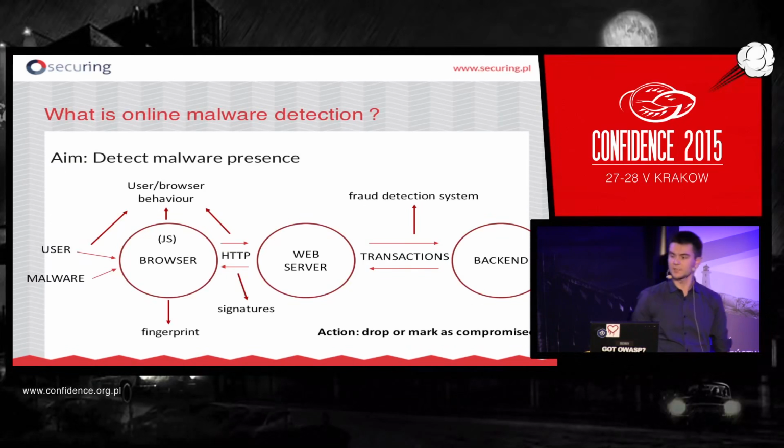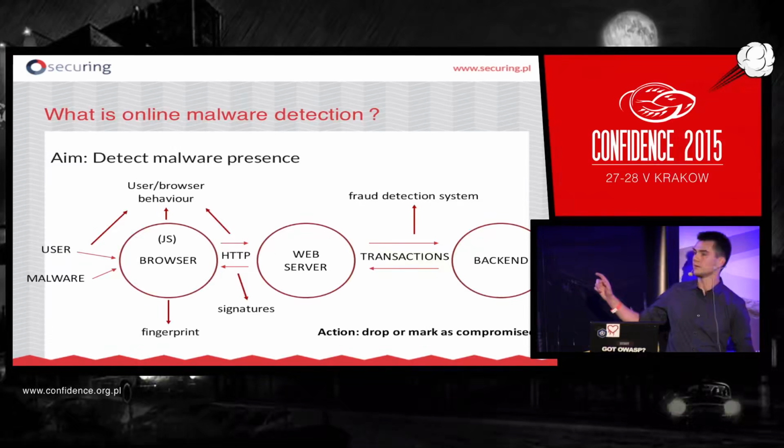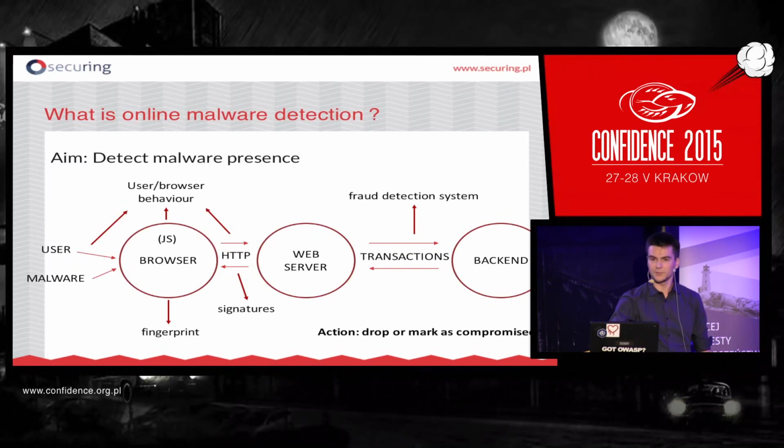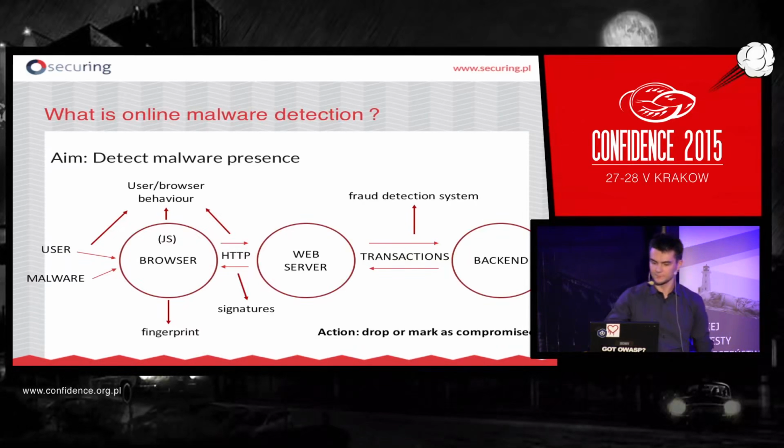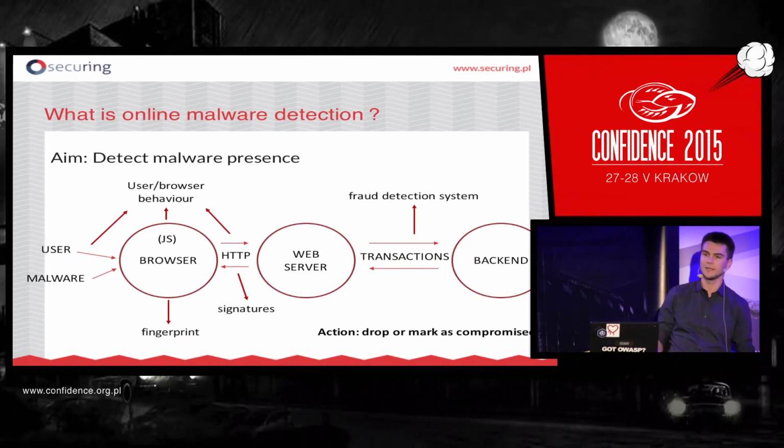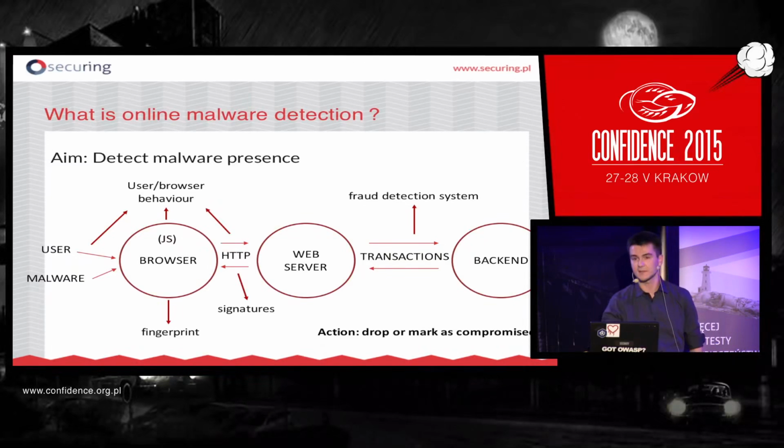The malware detection mechanism can catch signatures of the HTTP response from the server to the browser. It can fingerprint the JavaScript and the DOM block in the browser. Of course, it can fingerprint user and browser behavior. I mean the speed of clicking, the speed of typing letters, and mouse movement. That's how Google reCAPTCHA now works.